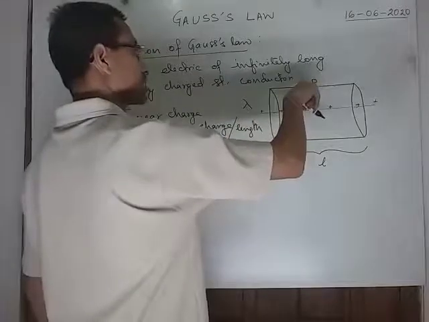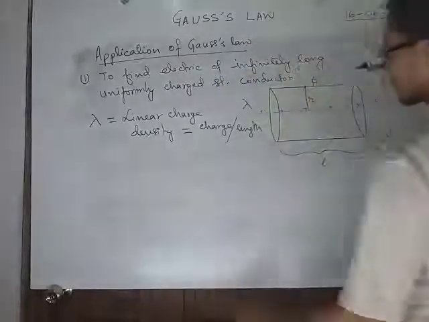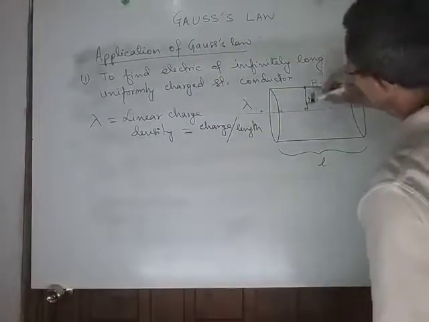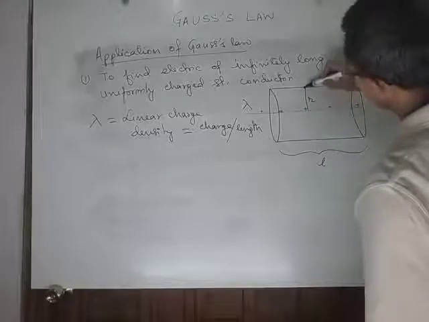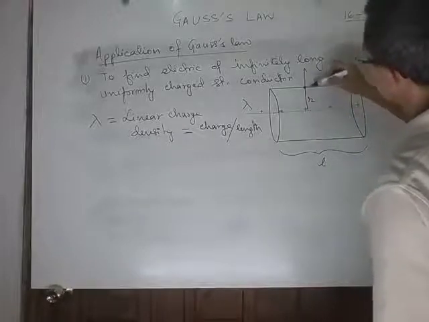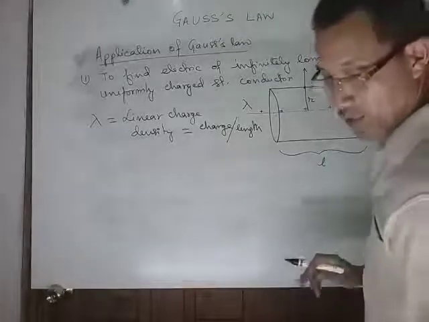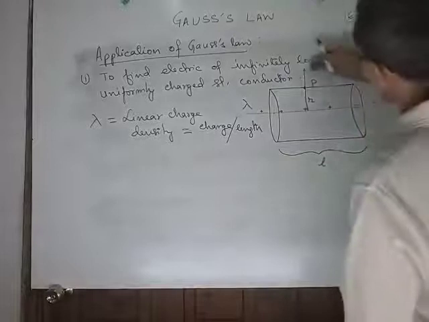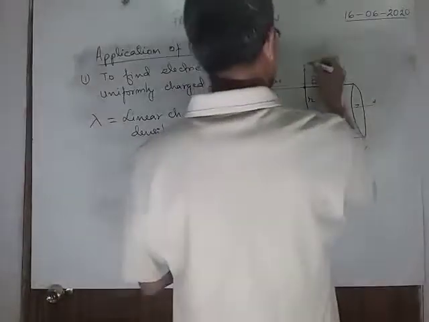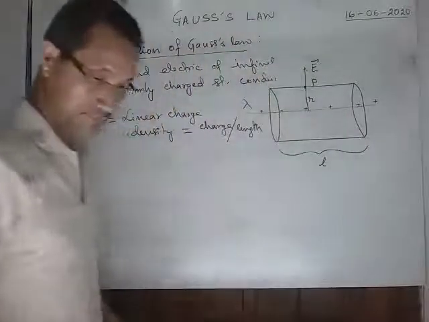As this is a positive charge, your electric field E will be perpendicular to the curved surface of the Gaussian cylinder, and let me mark this as the E vector here.